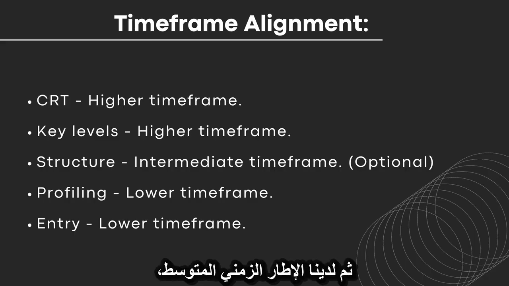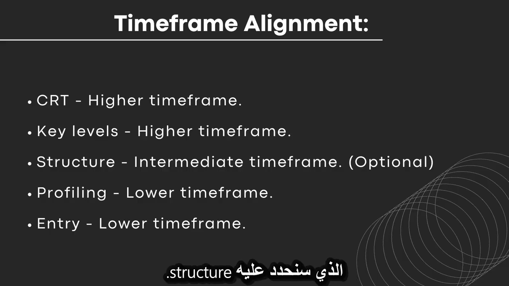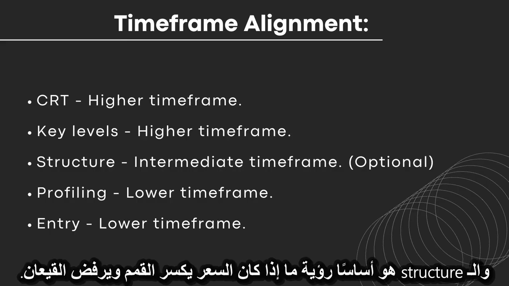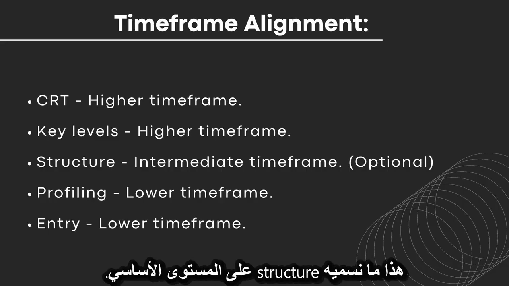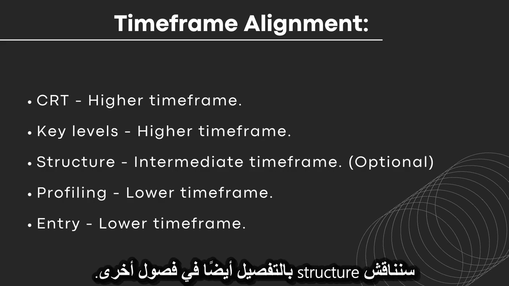Then we've got the intermediate time frame, on which we'll determine structure and order flow. Structure is basically seeing whether price is breaking highs and rejecting lows, or rejecting highs and breaking lows. That's what we call structure on a fundamental level. We're going to discuss structure in detail in other chapters.